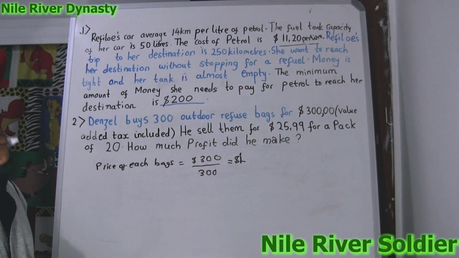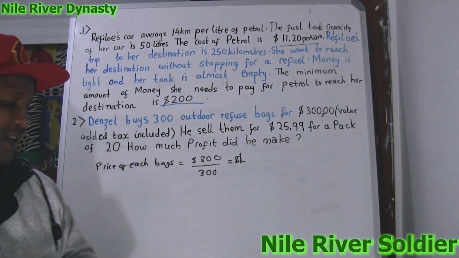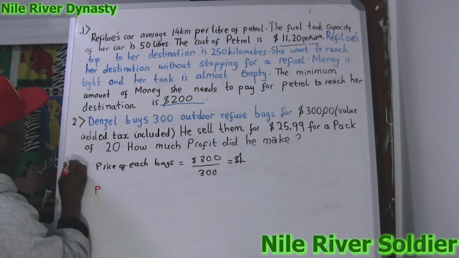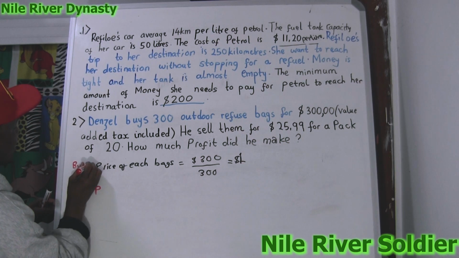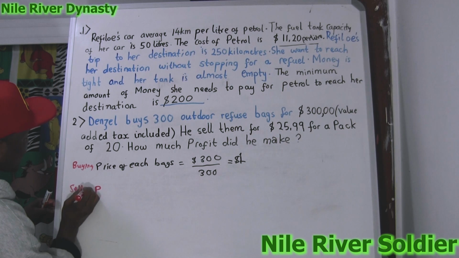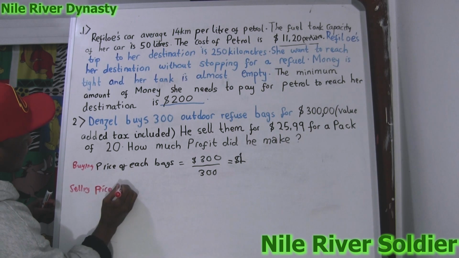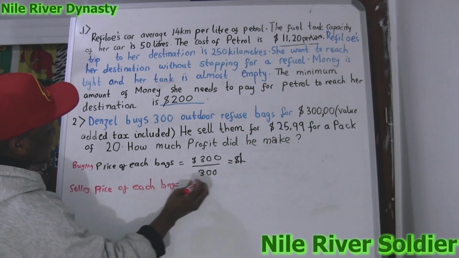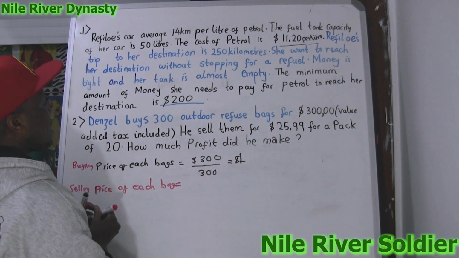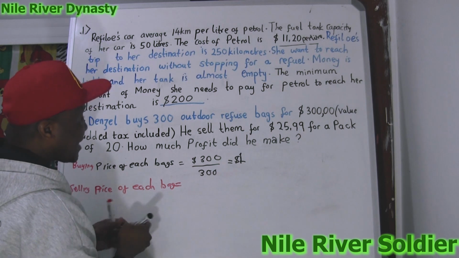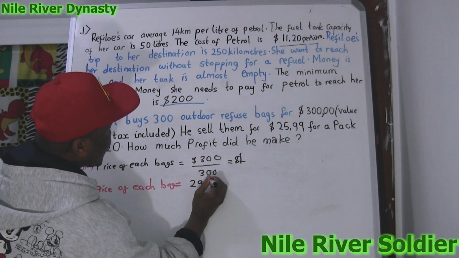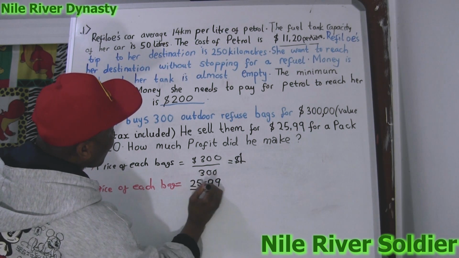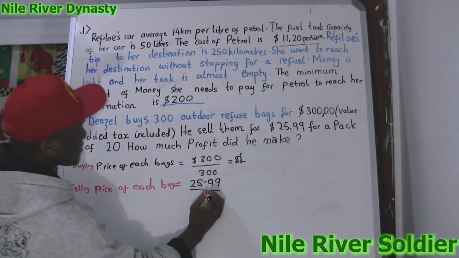I'm going to find how much he sold each bag for first. So this is the buying price. Now we want to find the selling price of each bag. First I'm going to take the total amount he sold it for, 25.99, over how many bags he sold: 20.